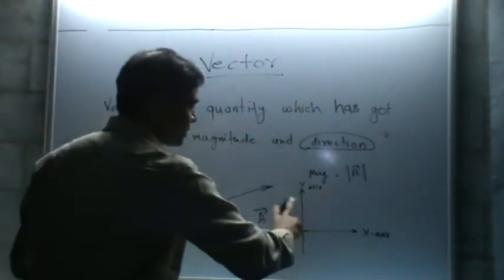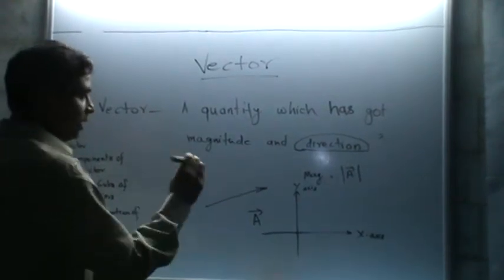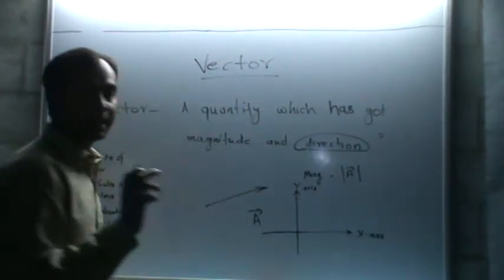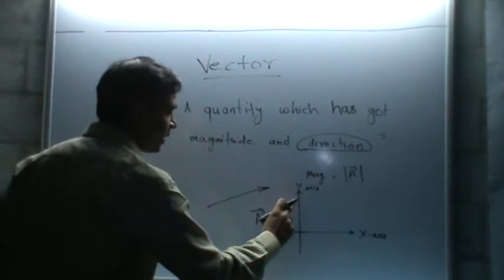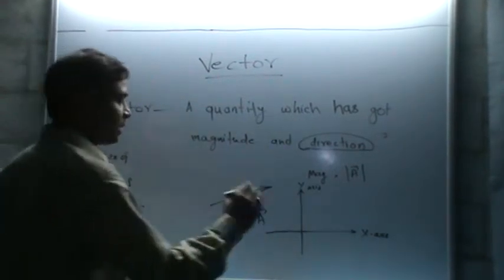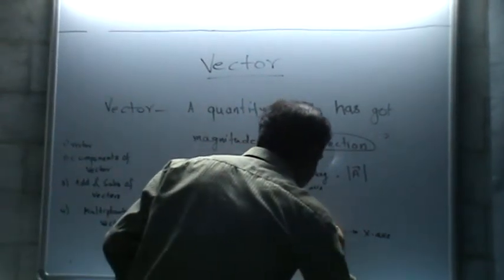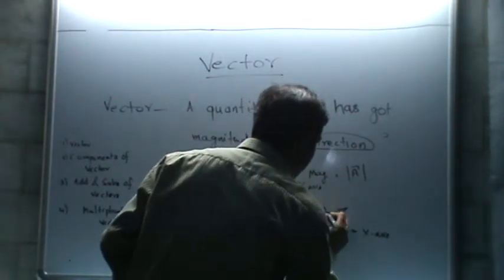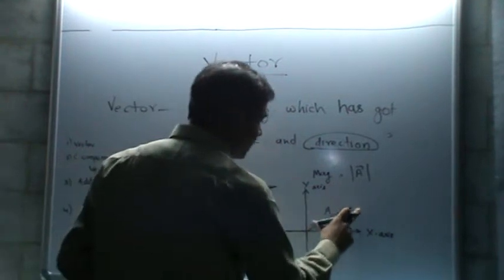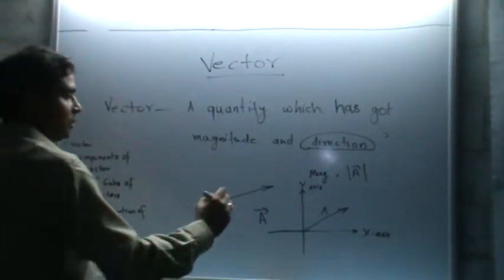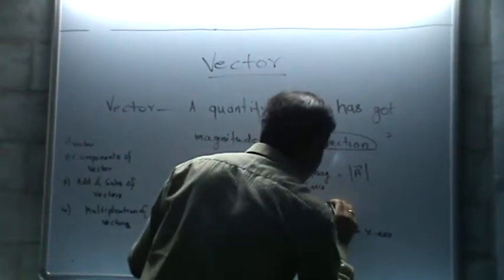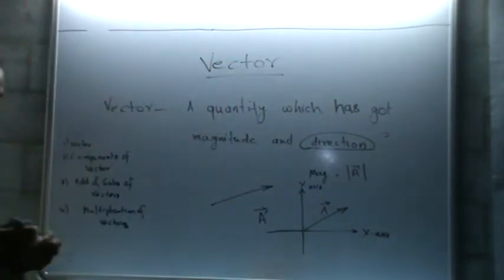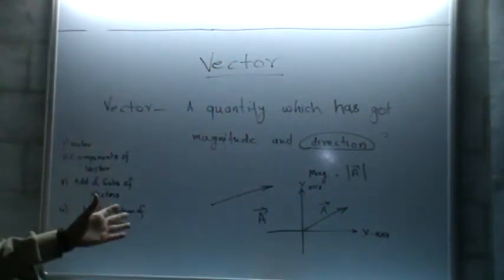We cover this in two dimensions, 360 degrees. Any vector will have a certain direction with the x-axis and y-axis. Suppose this is a vector, because it has got a certain direction and a certain magnitude. Put an arrow over every vector to show that it's a vector.